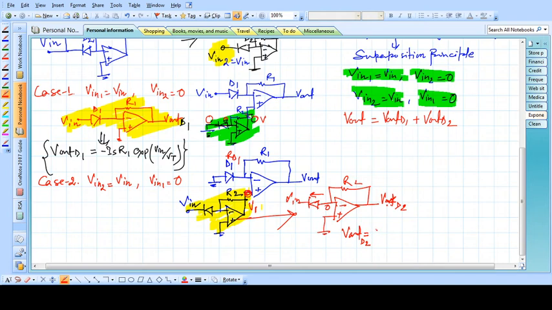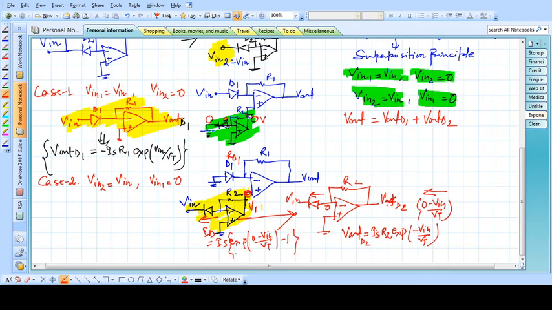V output D2 should be some IS into R2, EXP with minus V in by Vt. Why minus V in by Vt? Because 0 minus V in by Vt, current will go like that. So the ID value equals IS EXP 0 minus V in by Vt minus 1. The minus 1 portion I am not including for simplification.